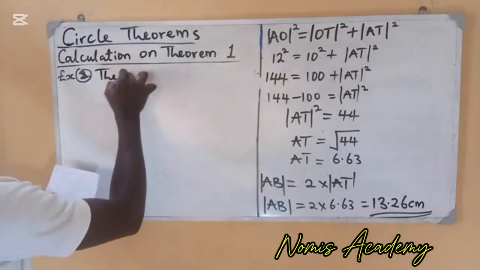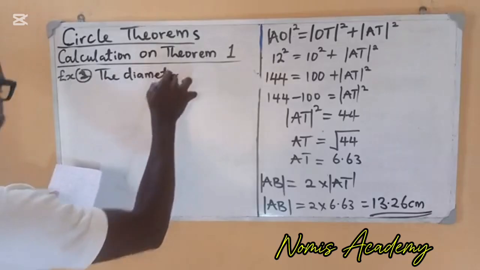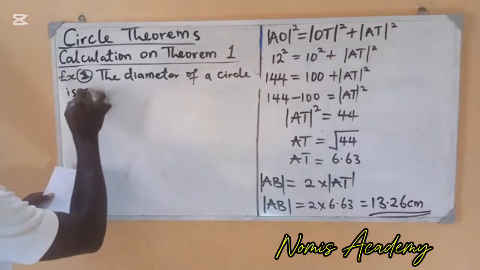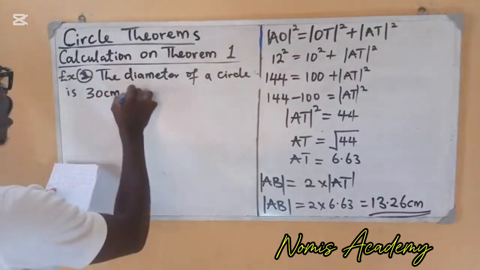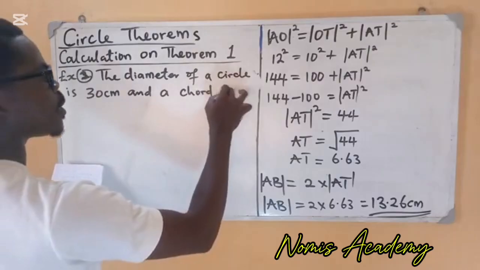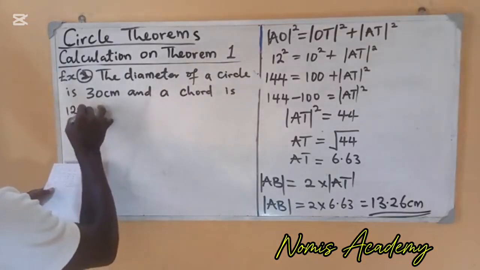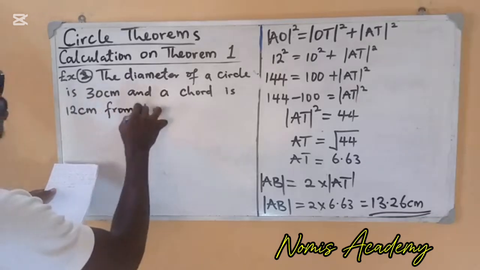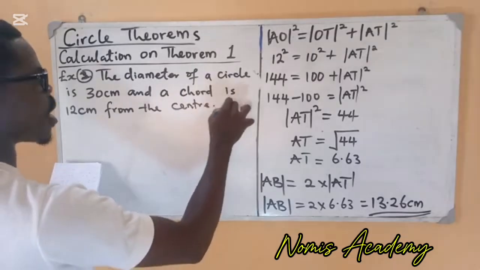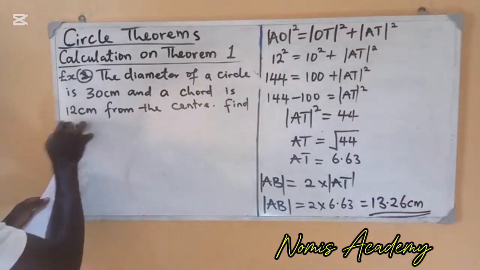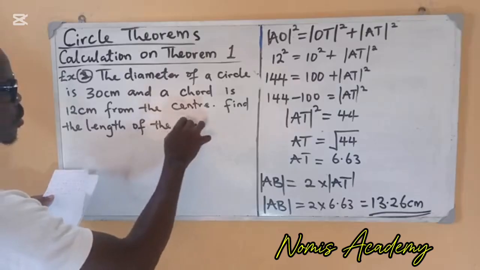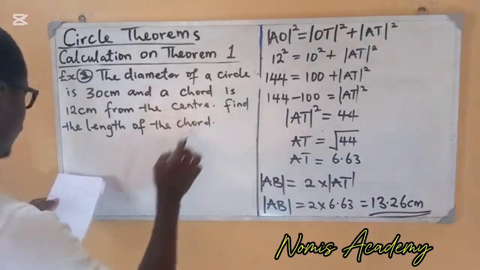The diameter of a circle is 30 centimeters and a chord is 12 centimeters from the center. Find the length of the chord.